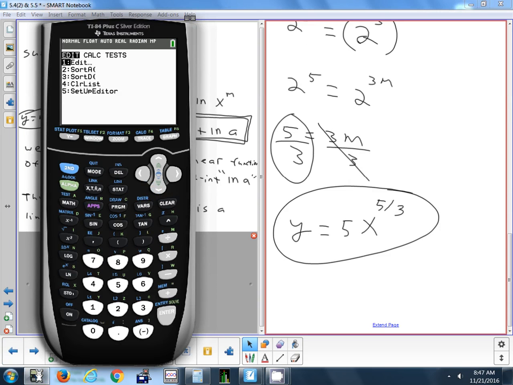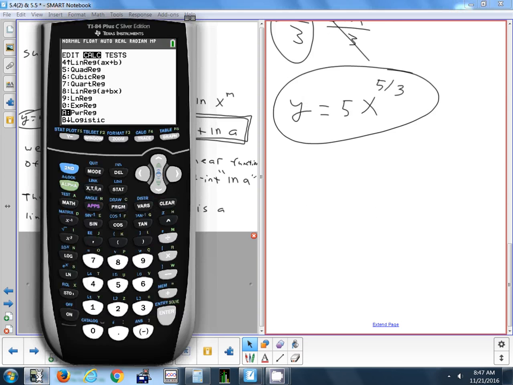Now once you have your data in, press Stat again, go to Calc, and on my calculator it's option A, power regression. So after you have your data typed in, press Stat, press Calc, go to power regression.